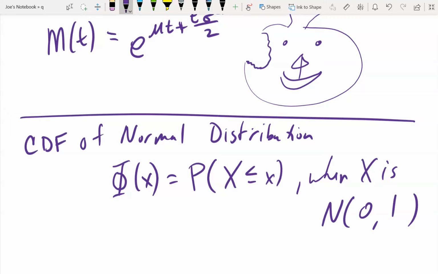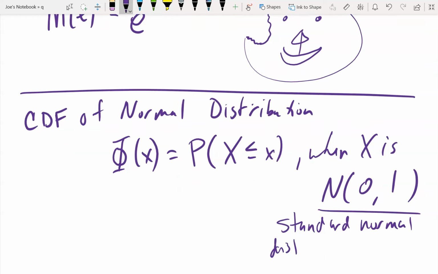So we refer to this particular normal distribution as the standard normal distribution. In the standard normal distribution, your mean is 0 and your variance is 1.